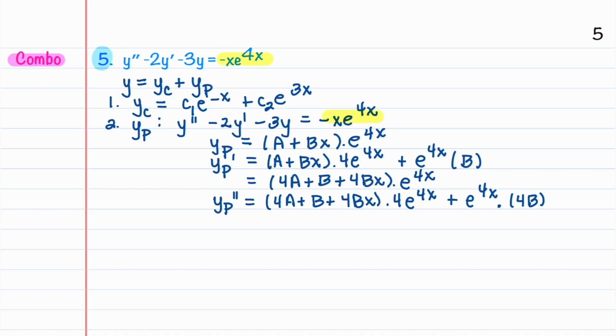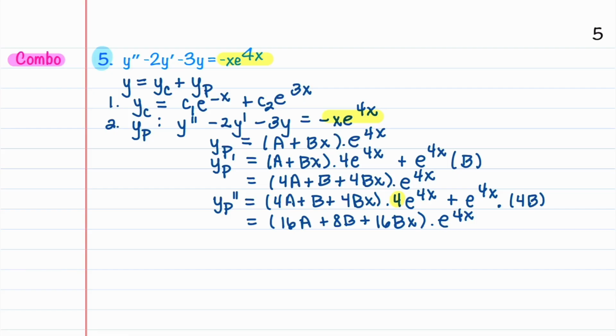I'll show you where I made my mistake. I forgot about that little 4 right there. Let's go ahead and combine things. We have 16a plus 4b plus 4b, so we get an 8b plus 16bx. And that gets multiplied by e to the 4x. Now we're all set to go.